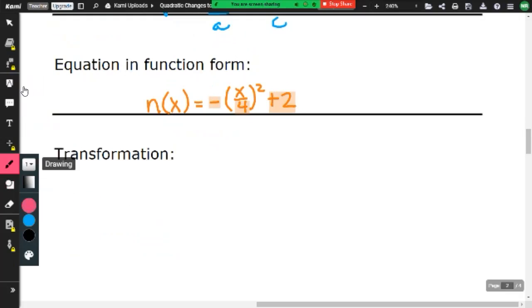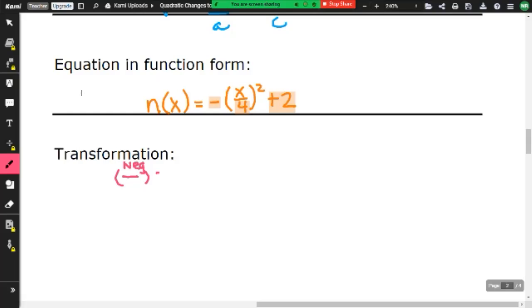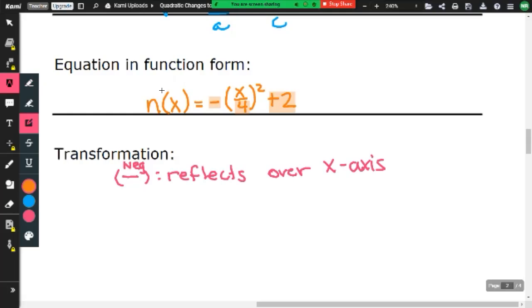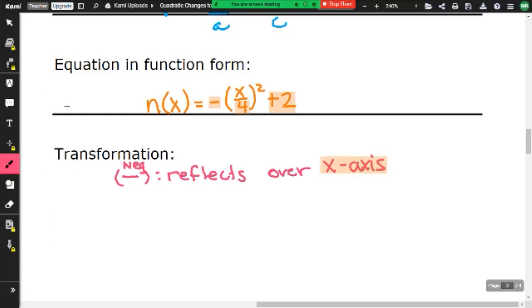Okay? The negative. The negative does what? It reflects. It reflects specifically over what? Make sure you highlight x-axis. It reflects over the x-axis. The value of A is what? 1/4. How does 1/4 compare to the number 1?